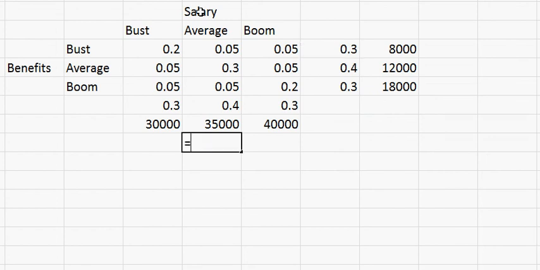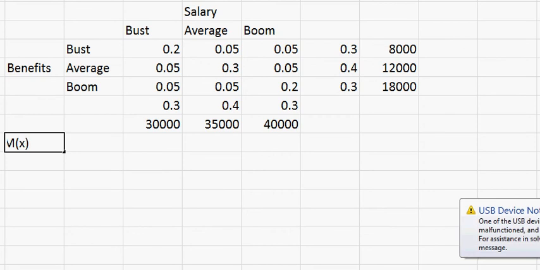So I will use the formula, the sum of x times probability of x. That's the definition of expectation. Oops, excuse me, sorry.